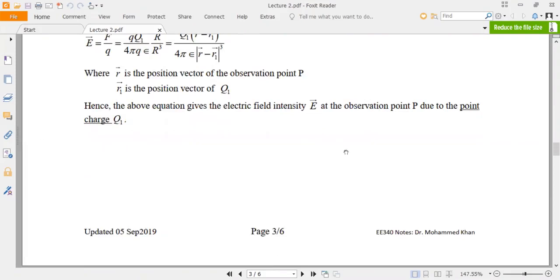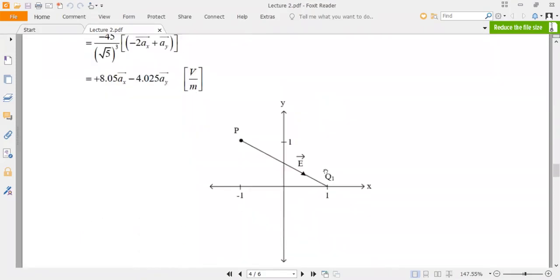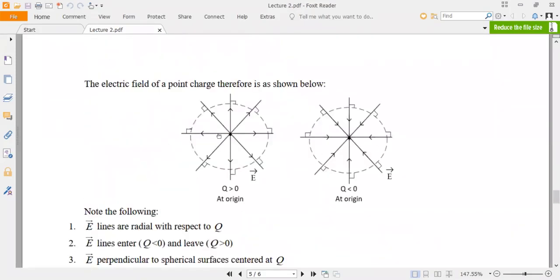So it is away. If you see here, this is the summary.